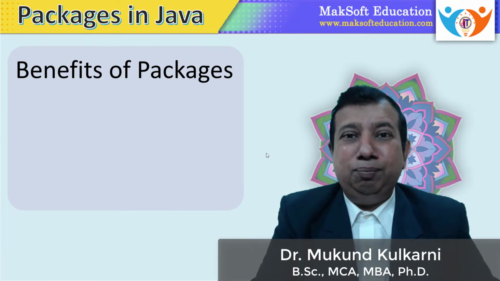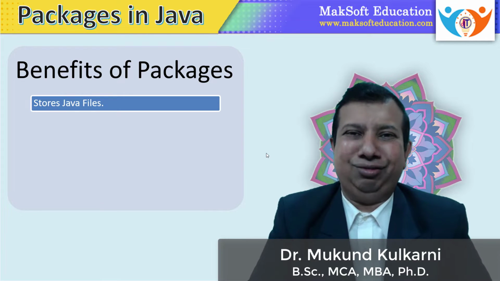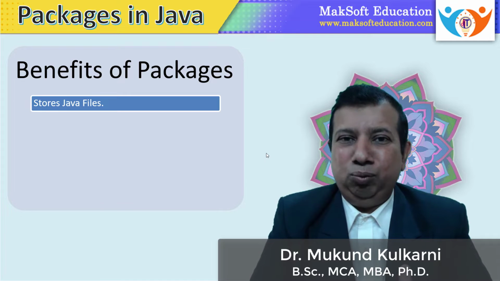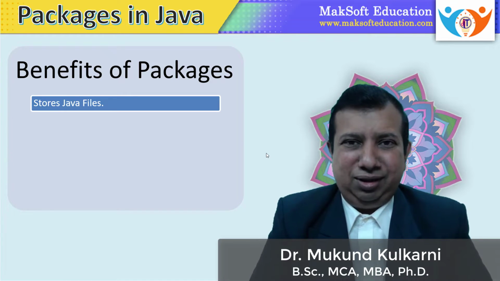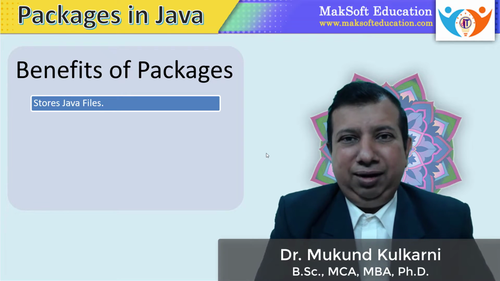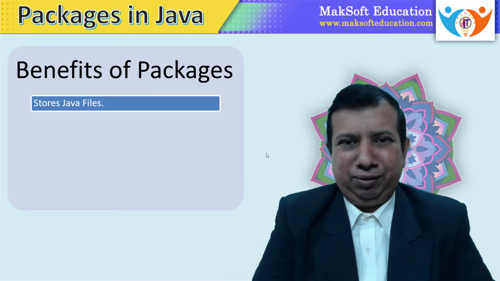The first and most important benefit of a package is that it holds all Java files. When we compile a Java program, we generate .class files. For each class we create in a program there will be a separate .class file, and for each interface also there will be a separate .class file.